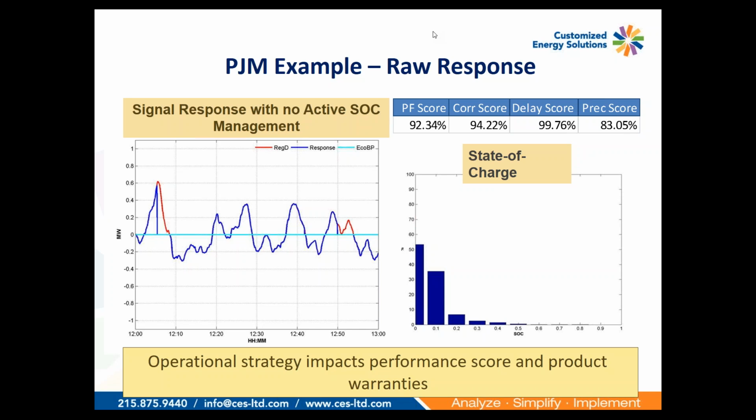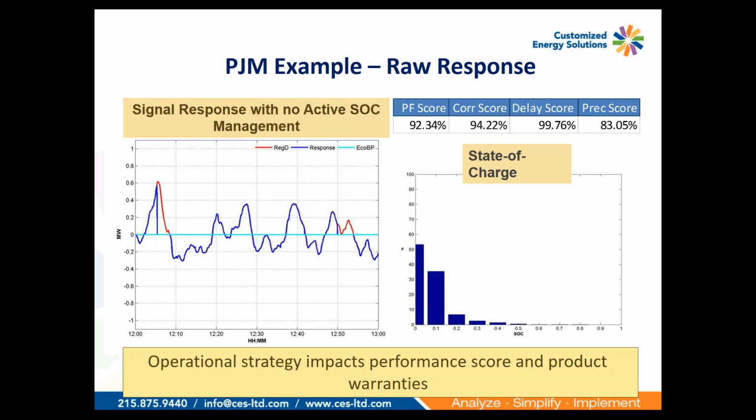So in PJM, what you should see here as a red line is the signal that a resource receives, called Reg D, and the blue is what the COMETS has simulated. And in some of the intervals that you see, that blue signal is not following the Reg D signal, and that's because the resource is going out of charge, and that affects the performance score.